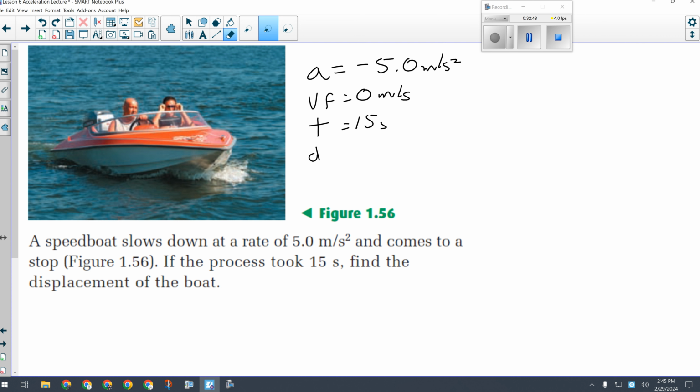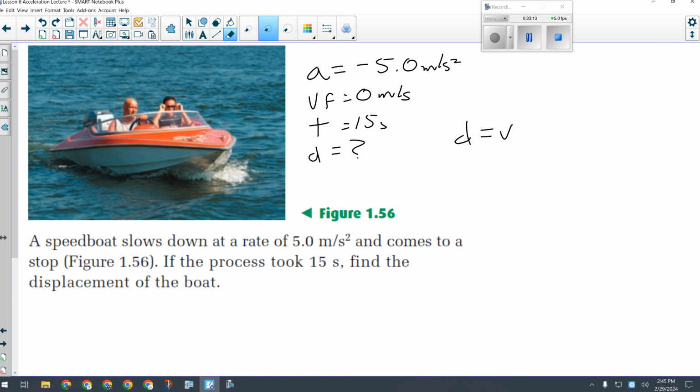Find the displacement. Okay, similar data set to what we had for the last question, except this time we got VF instead of VI. Can we use the sister formula to the other one? The other one was D equals VI times T plus 1/2 AT squared. Now we're going to say D equals VFT minus 1/2 AT squared. Okay, so we're just using the other version of that formula.